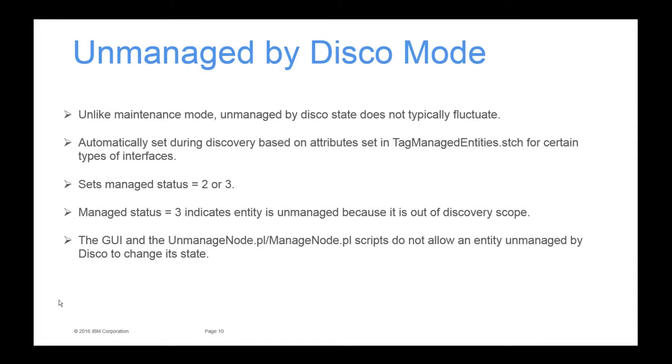Managed status equals 3 indicates an entity is unmanaged because it is out of the discovery scope. And the GUI and the manage and unmanaged Perl scripts are not going to allow an entity that is unmanaged by disco to change its state.